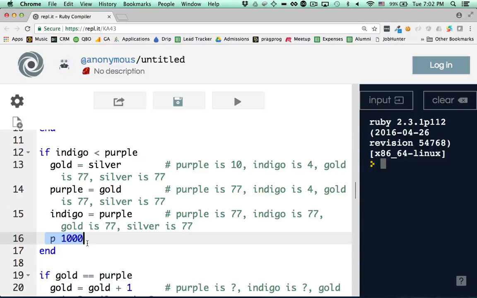My answer is that line 16 does indeed still get run, because the way Ruby works is that once this condition is true, no matter if that condition might change later within that if statement, it doesn't matter. Ruby is like, full steam ahead, I'm executing everything within this conditional. So line 16 still gets run.